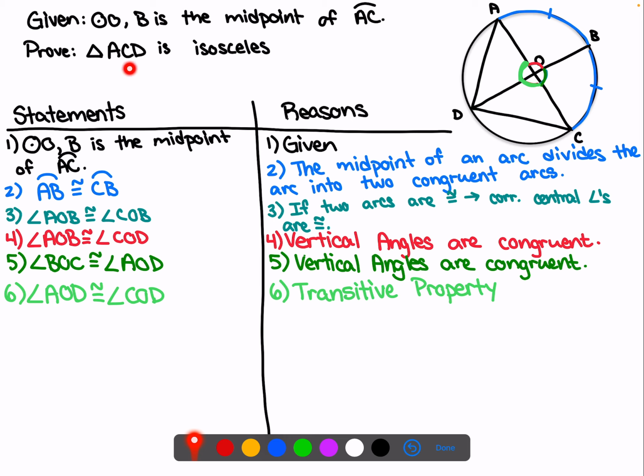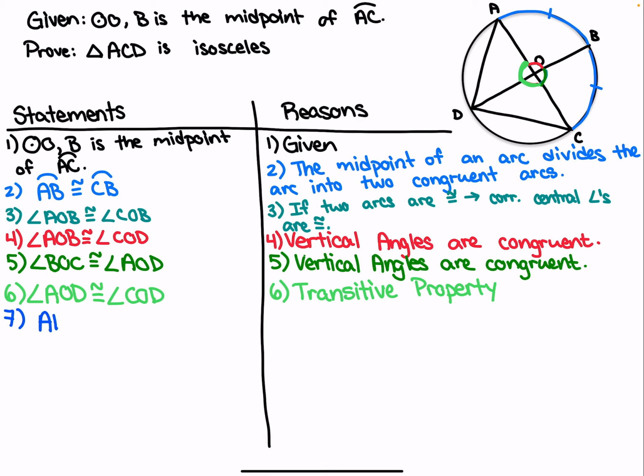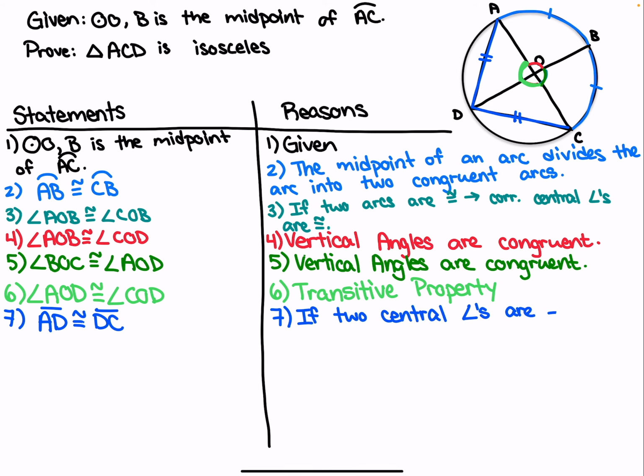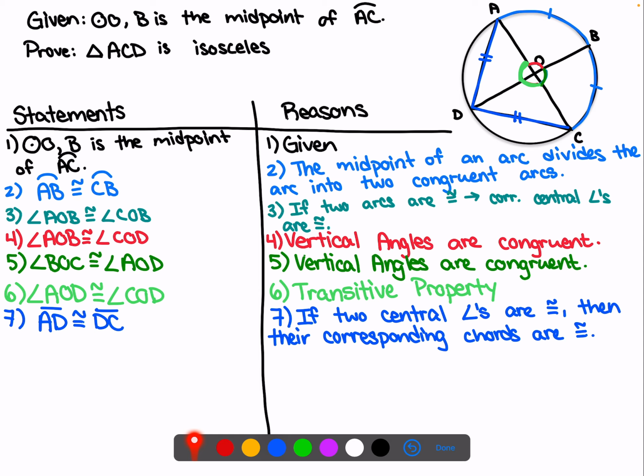Which one will help me further this proof, to prove that ACD is isosceles? That would be the chords. So I'm going to say that DA is congruent to DC. And the reason that we can say that is because if two central angles are congruent, then the corresponding chords are congruent. It's one of those theorems that we talked about earlier today.